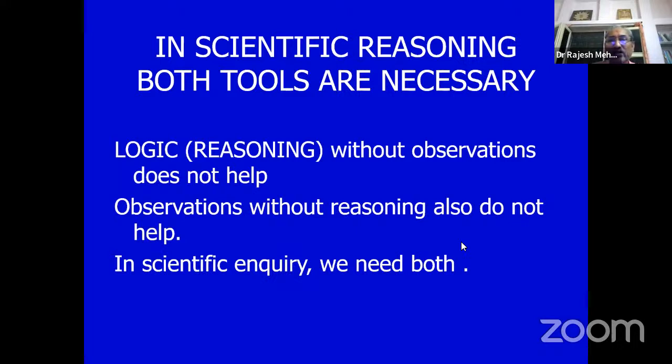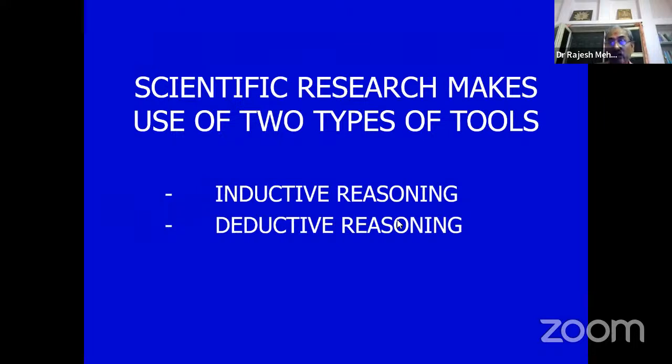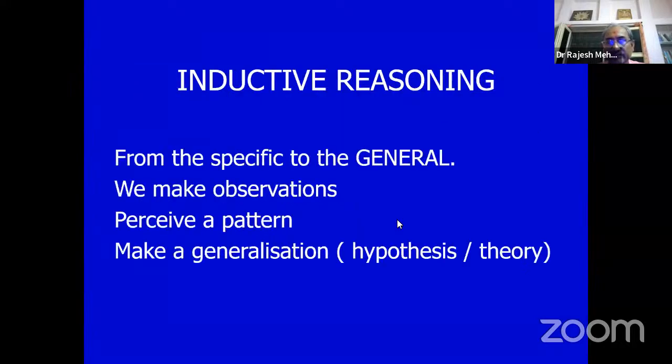Only logic or only observation will not give you the right thing. Now, these two words, inductive and deductive reasoning: when you are doing your research study, try to understand both these words.